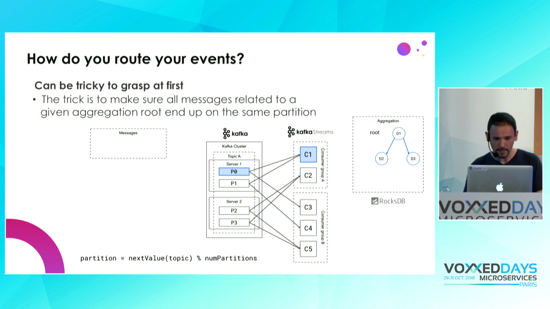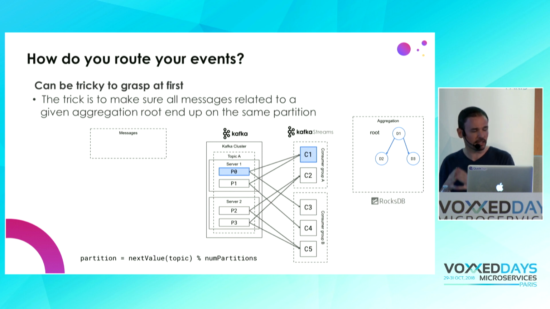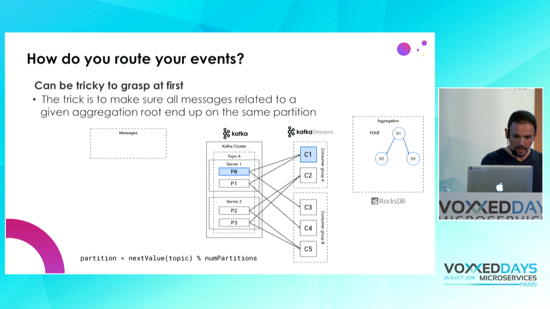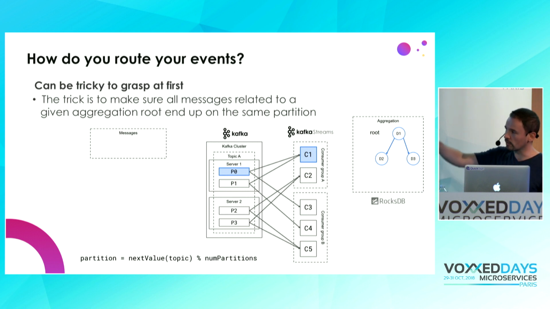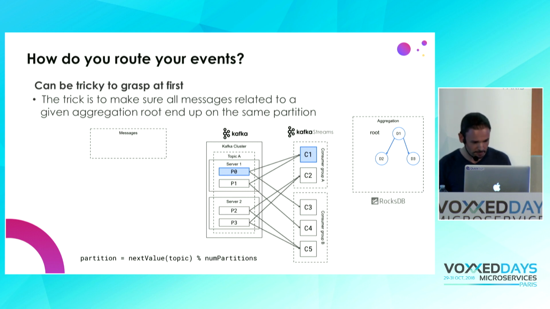The trick in CQRS-ES is to make sure that all messages related to a given aggregation route end up in the same partition. Let's say that, like here, you have an aggregation route in blue with the 3 elements that you want to create.